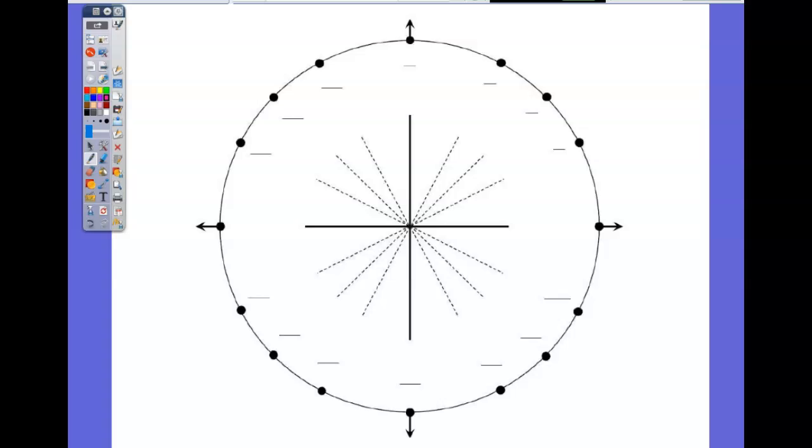First of all, on the unit circle, yesterday we talked about this is the 0, right? And then what was all the way around? That's 2 pi. And halfway around was pi. And then half of pi was pi over 2, right?